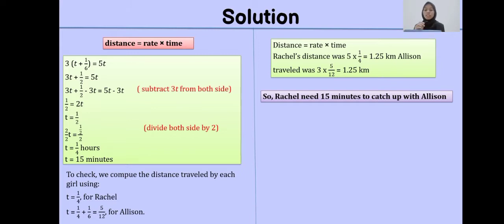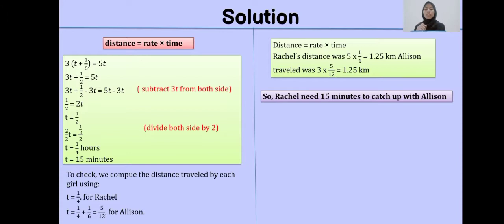Next, still in the solution, the formula is distance equals rate times time, so we're just going to substitute it. So 3 times (t + 1/6) equals 5t.